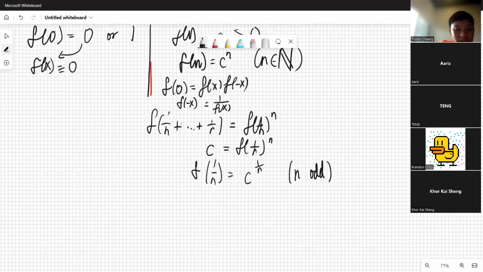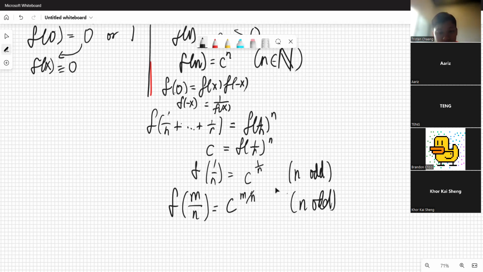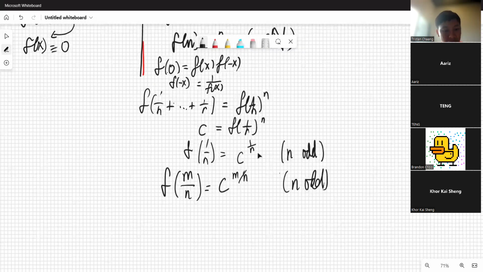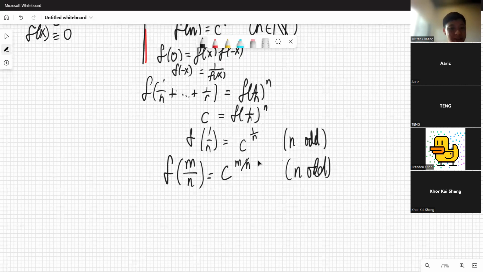Then we know f of m over n is c to the m over n again, where n is odd. Can we first look at the even denominators case? Let's just focus on f half.